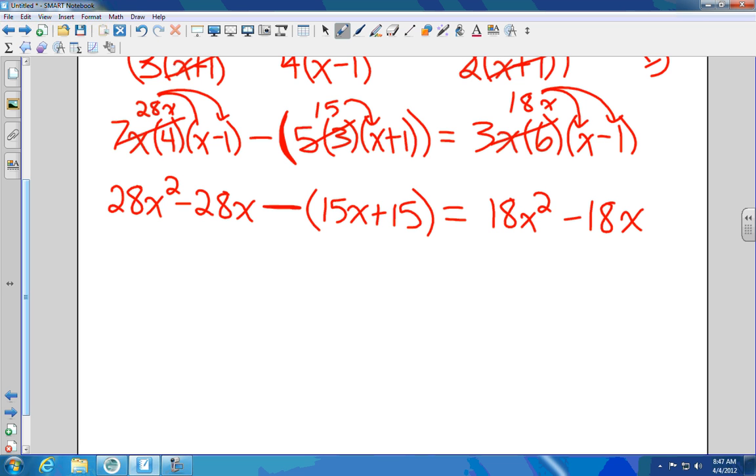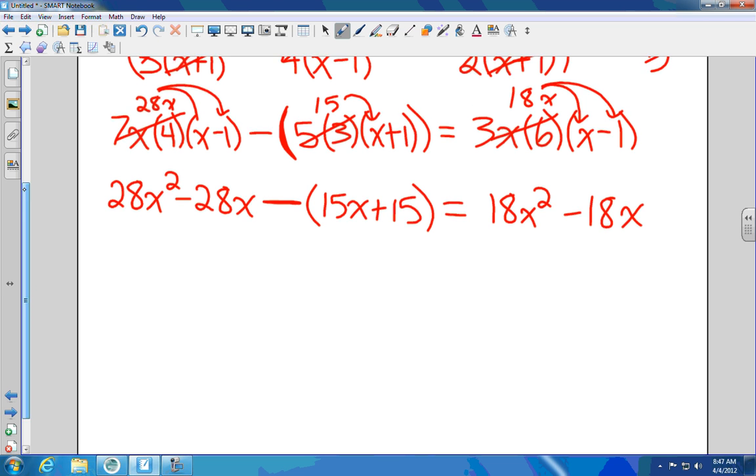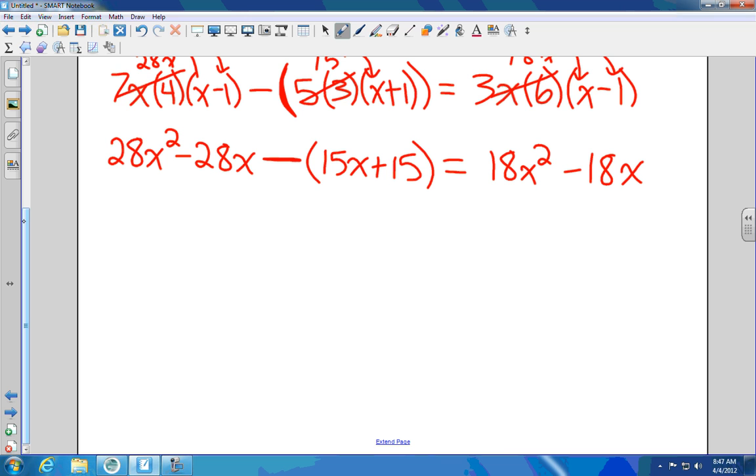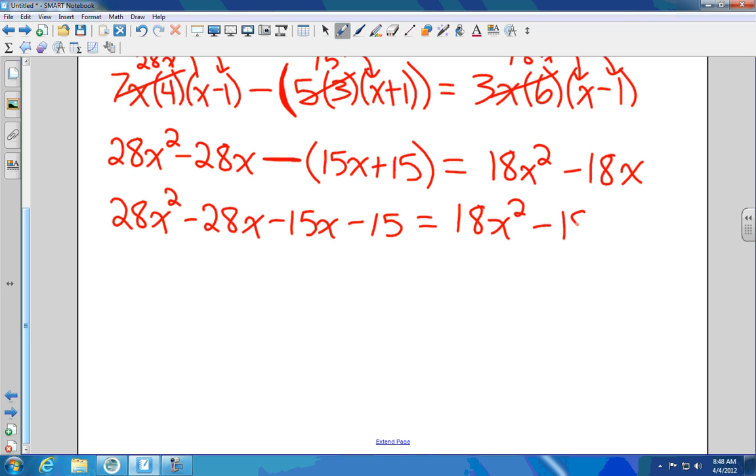So what do we still need to do on this left-hand side? Right, that's what I would do first. I would leave this all 28x squared minus 28x, and then distribute that negative in. So it's minus 15x minus 15. And as I said, I know there's a lot of steps. Go slow. We won't have a ton of homework problems, so you'll have time.